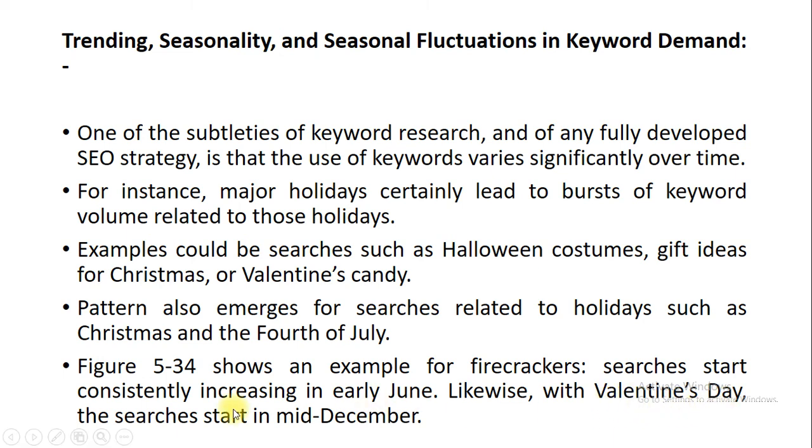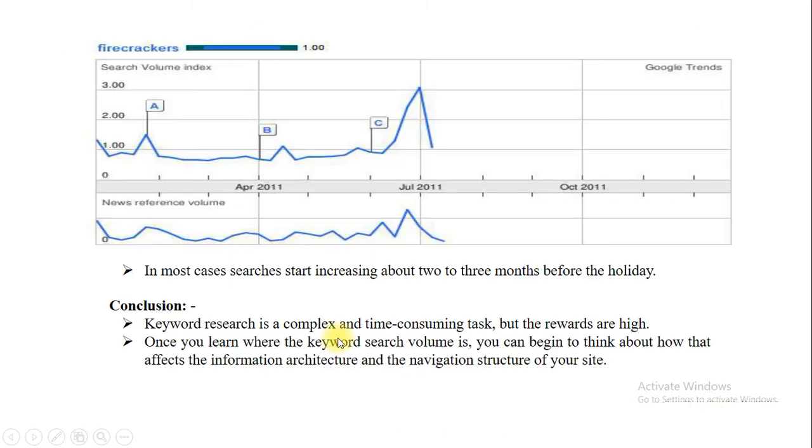Likewise, Valentine's Day searches start from mid December to the end of February. Over here, see, this is the graph. In most cases, searches start increasing about 2 to 3 months before holidays.